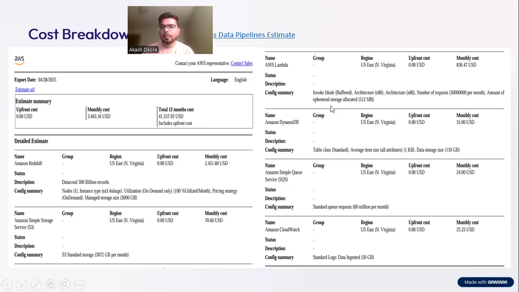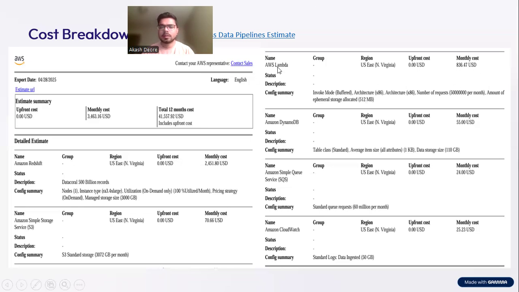Talking about AWS Lambda, I have configured it with invoke mode buffered, architecture as x86, and number of requests per month as 500 billion. The amount of storage that these Lambda functions require, I have kept at the default value, 500 MB. It also doesn't require any upfront cost as you are using the pay as you go model of AWS.